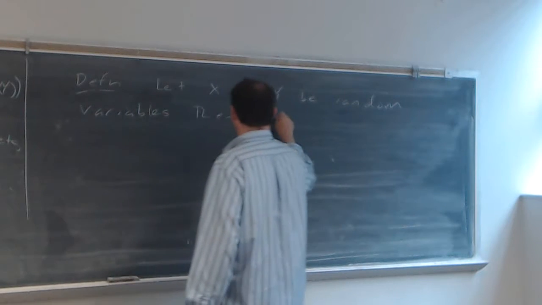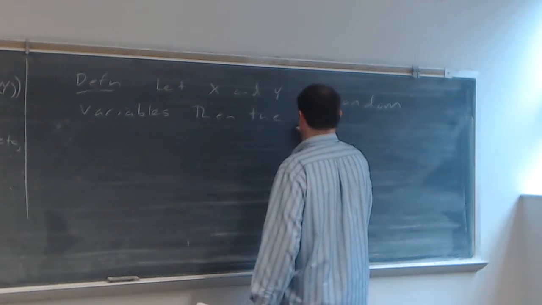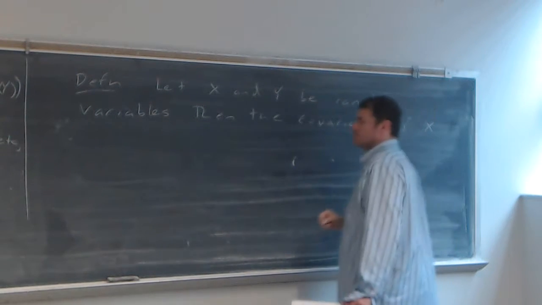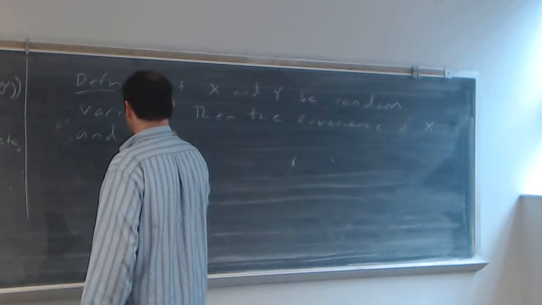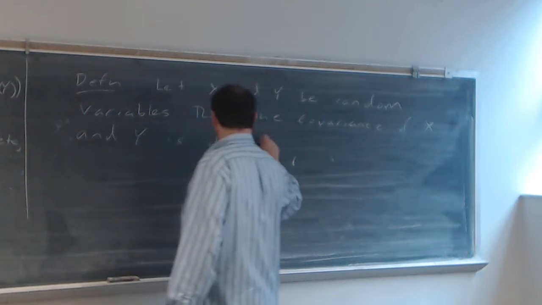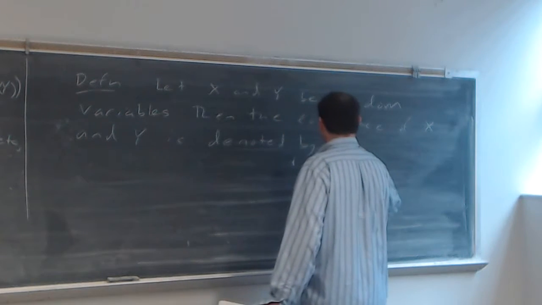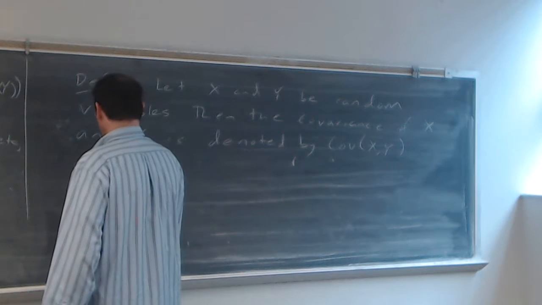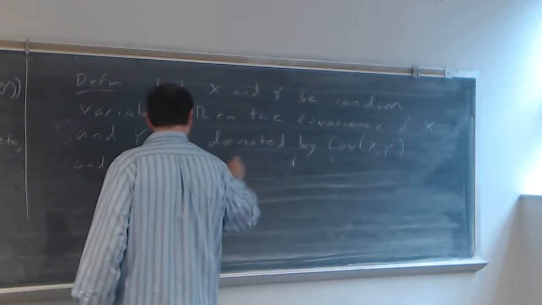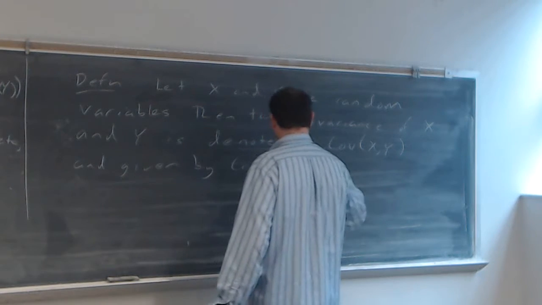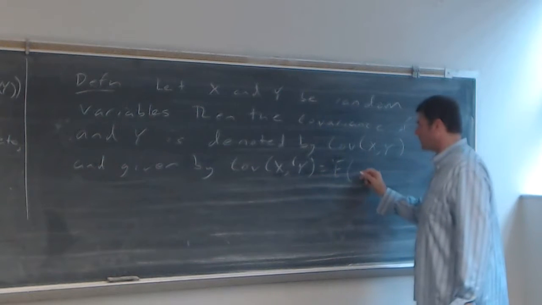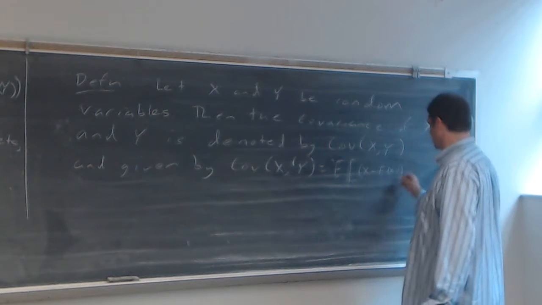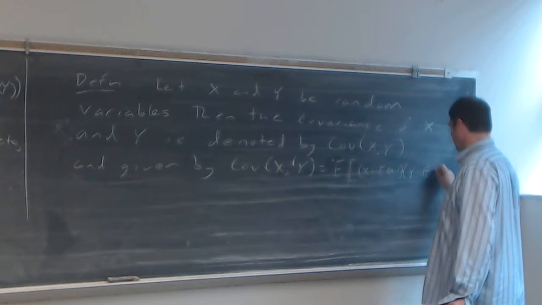Then the covariance of x and y is denoted by COV of x comma y and given by the expected value of the quantity x minus the expected value of x times the quantity y minus the expected value of y.